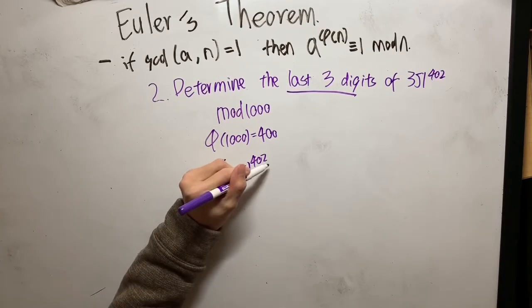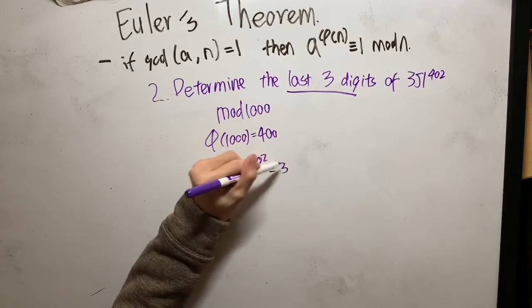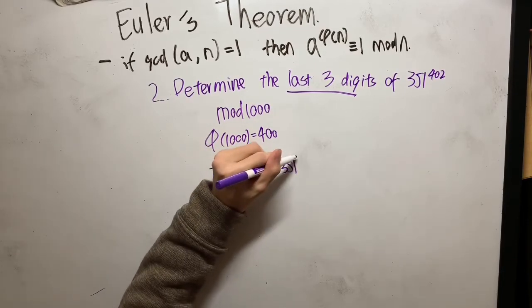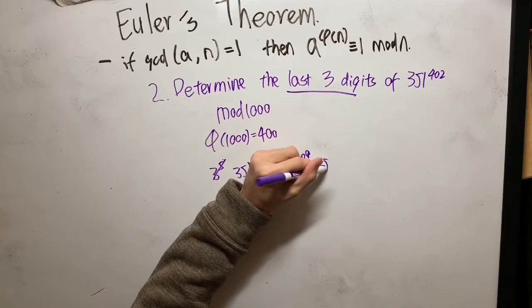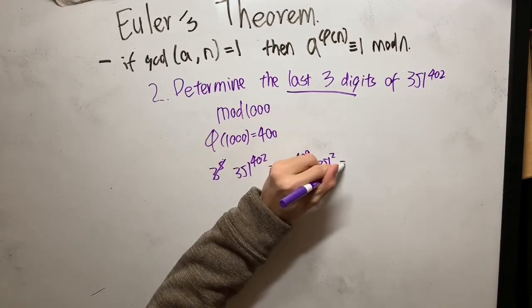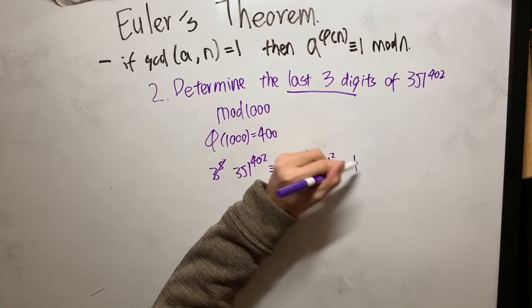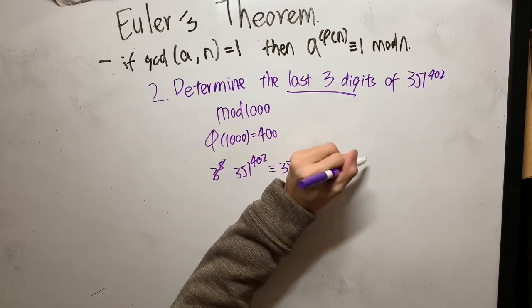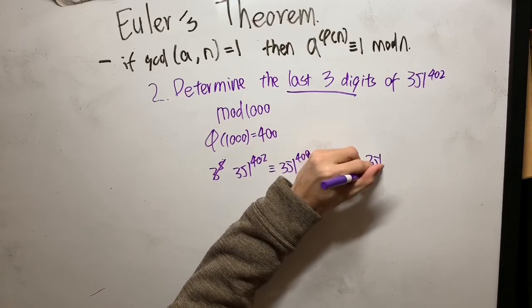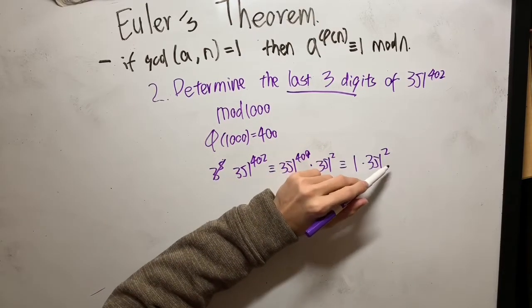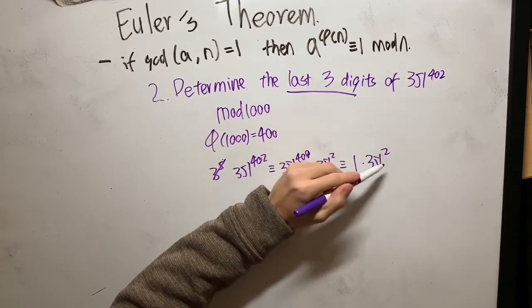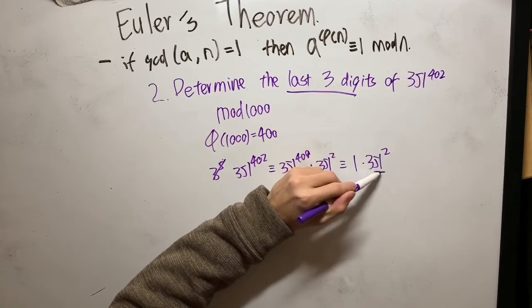is congruent to 351^400 times 351 squared, which is congruent to 1 times 351 squared. And while we find the last 3 digits, the only thing that matters is 51 squared.